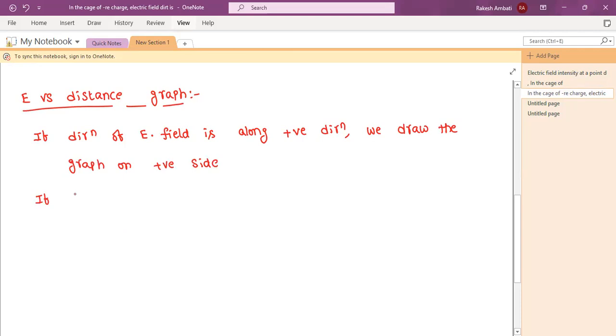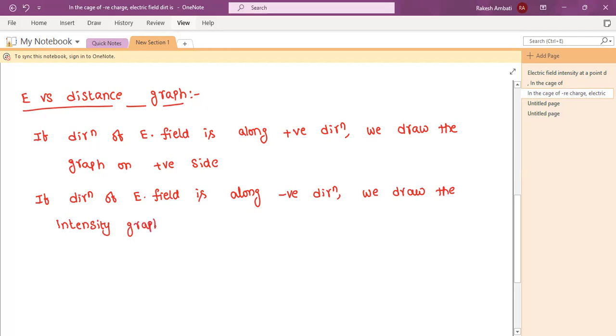In the same way, if the direction of electric field is along the negative direction, we draw the intensity graph on the negative side.